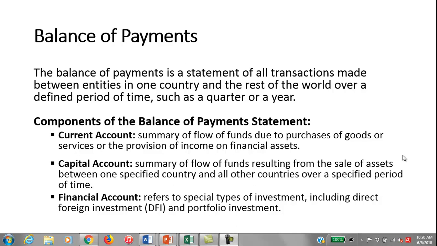That's a relatively small part of the balance of payments. And then there's also the financial account, which refers to special types of investment, including direct foreign investment and portfolio investment. So in this video, we'll focus on the current account. In a later video, we'll focus on the capital account and financial account.